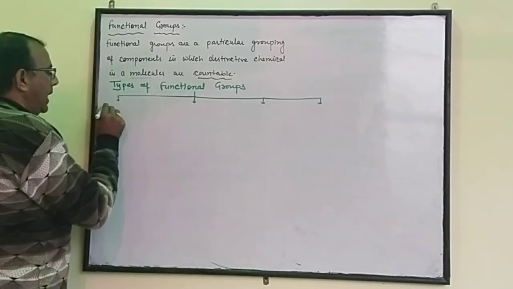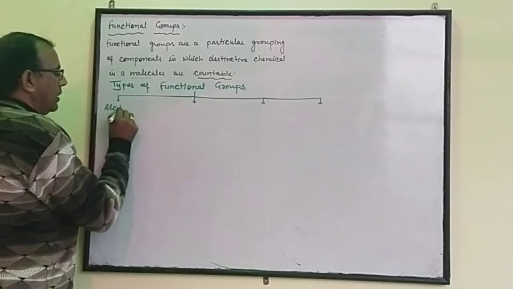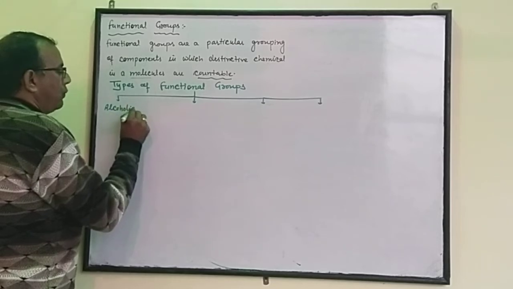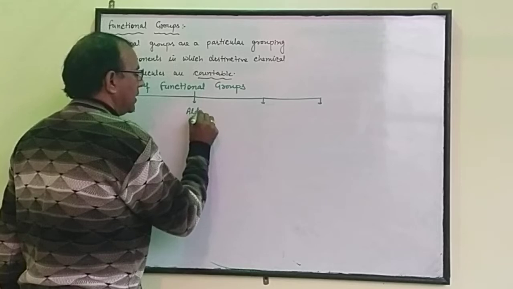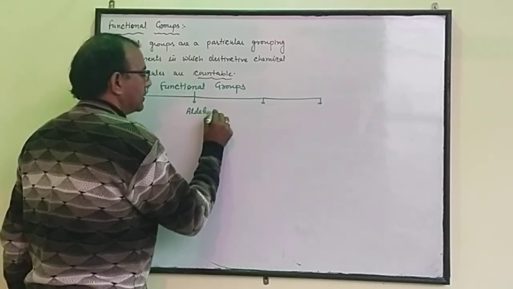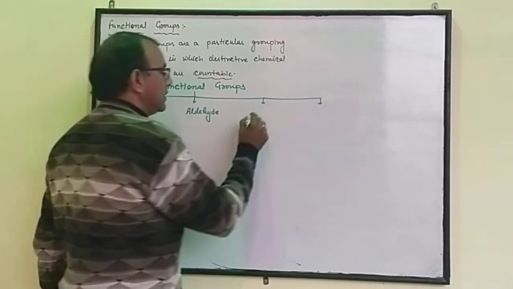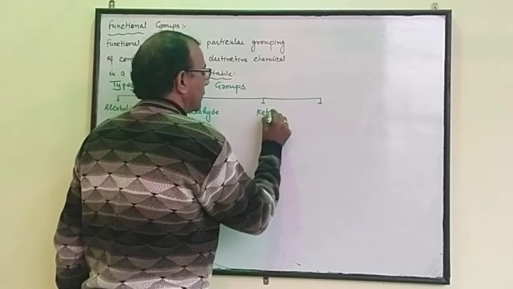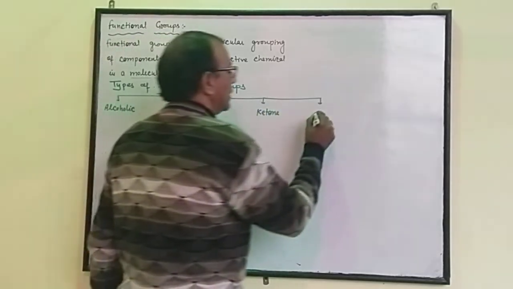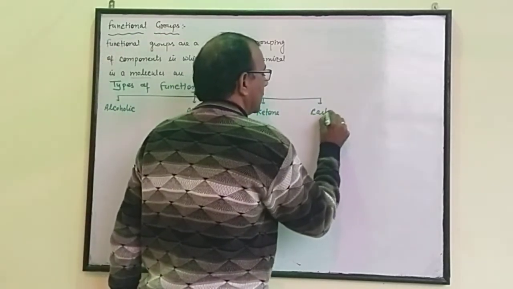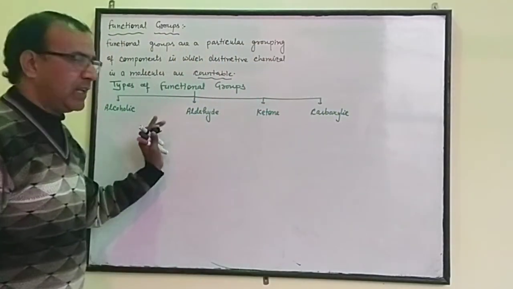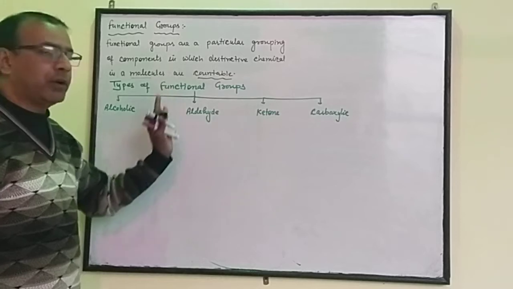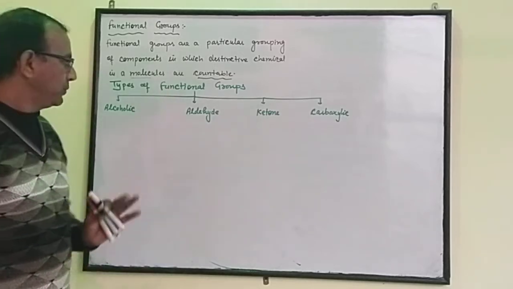First one is the alcoholic functional group. Second is the aldehyde functional group. Third one is ketone, and fourth one is the carboxylic functional group. So we can say that there are four types of functional group according to the 10th class level.